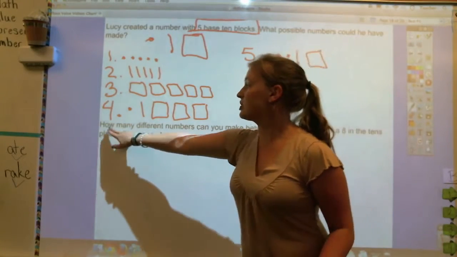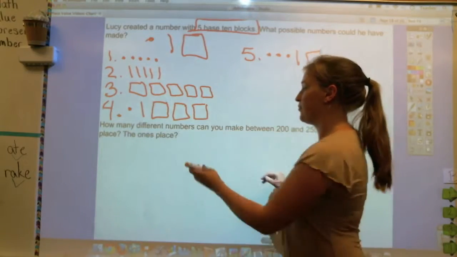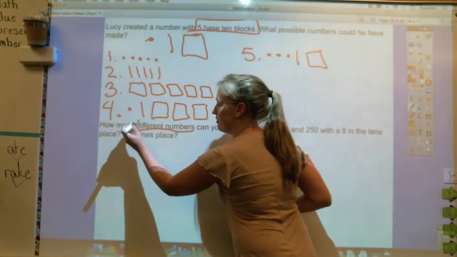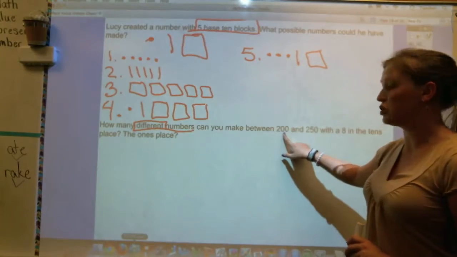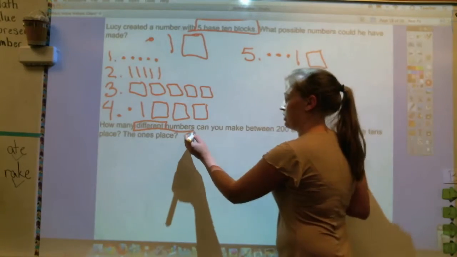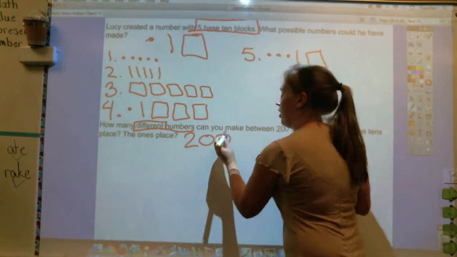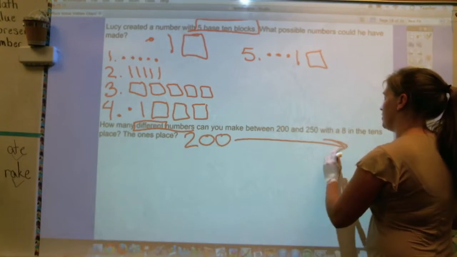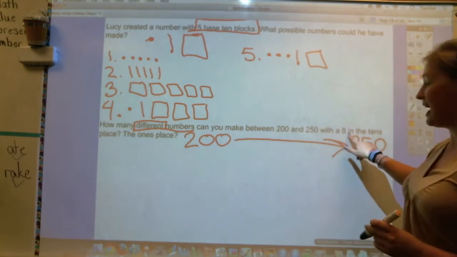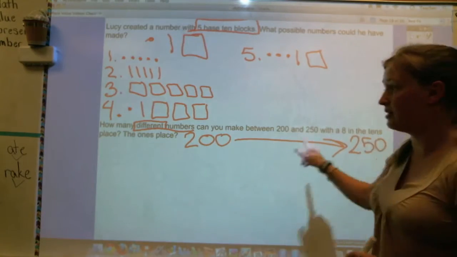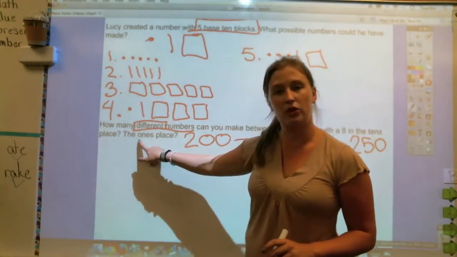Now, the next question says, how many different numbers, different being the important word there, can you make between 200 all the way to 250 with an 8 in the tens place? And what about the ones place?